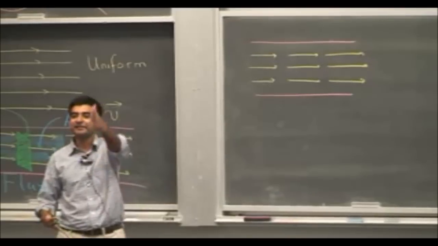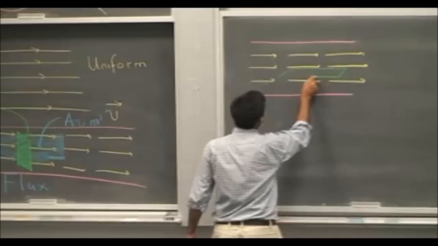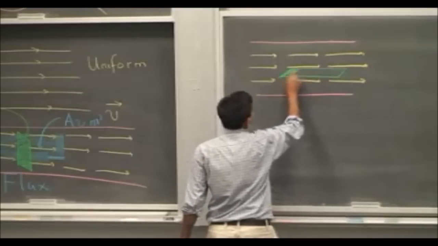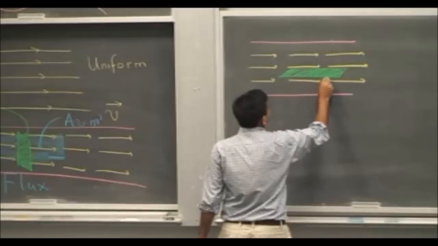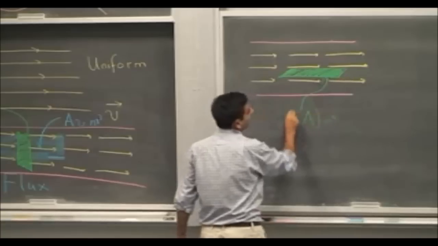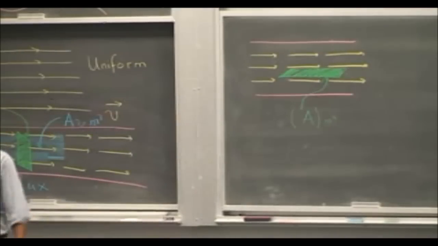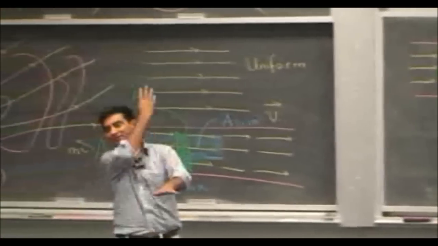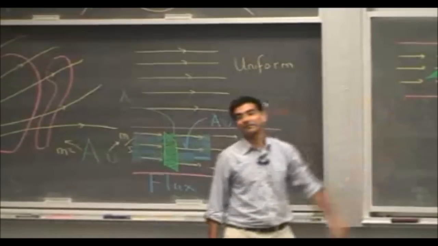Instead of placing this surface vertically, I now choose to place the same area horizontally. The area is still A meter square. Now what is the flux that pierces this surface? 0. There is no volume that flows across this surface. So the flux associated with this surface is 0.